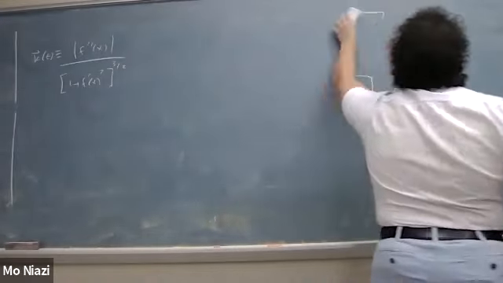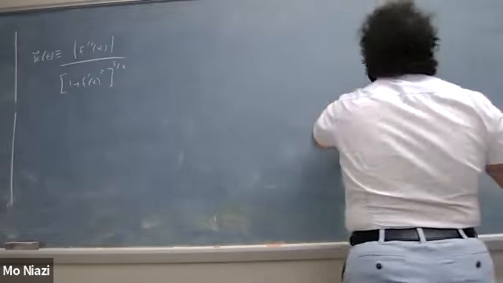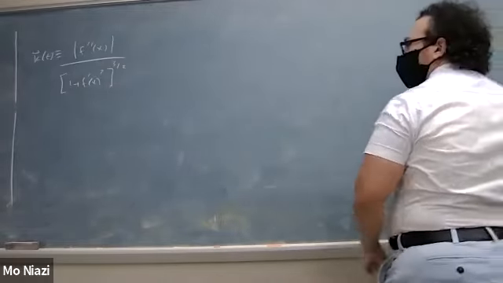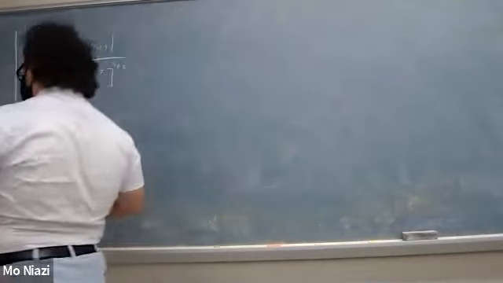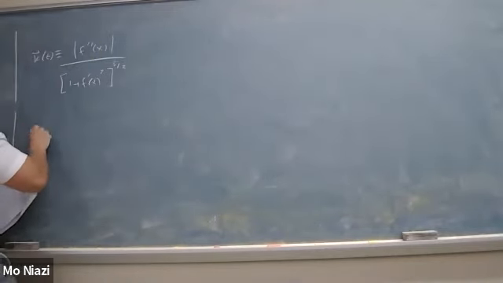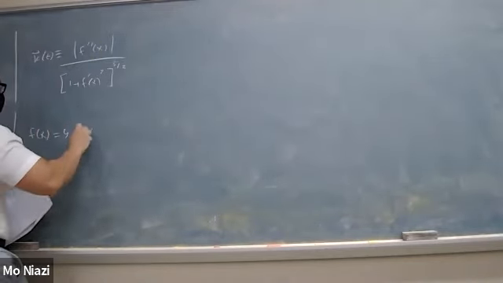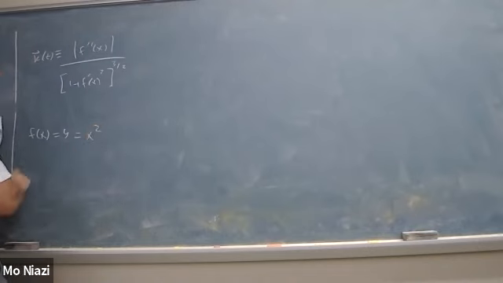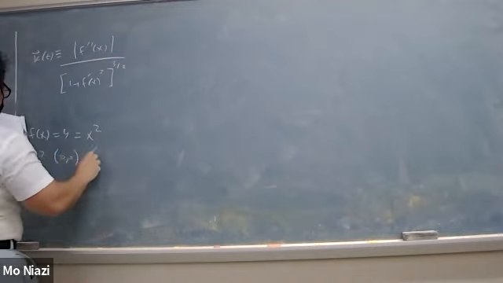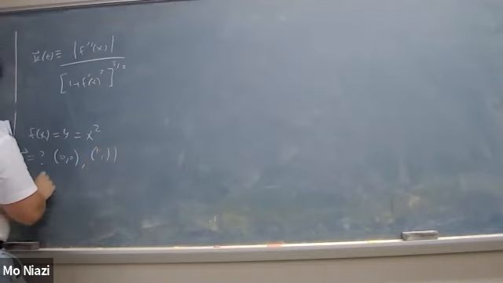So let's do a problem having to do with it. Let's compute a curvature value. Let's say we have f of x, which is my y, which is x squared. We want to compute the curvature at the points (0, 0), (1, 1), and maybe (2, 4).